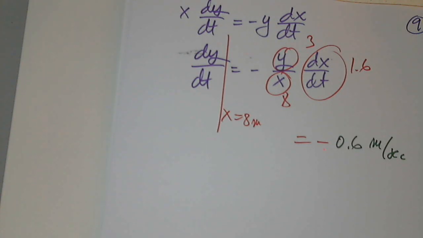After I determined the equation, I differentiated, knowing that these were functions of time. So when we differentiated, we kept in mind that x prime is not 1, but it's dx over dt. y prime is not 1, but it's dy over dt. We solved for what we were asked to determine, and we plugged in the numbers, and that was it.